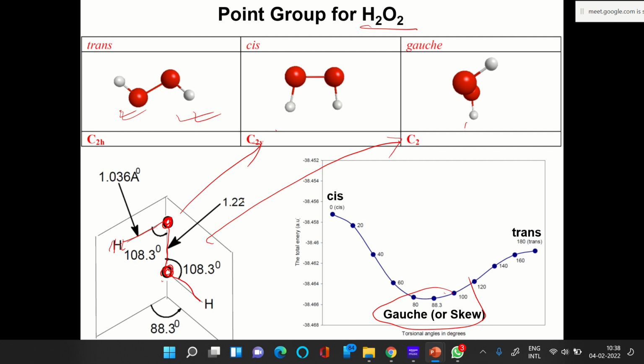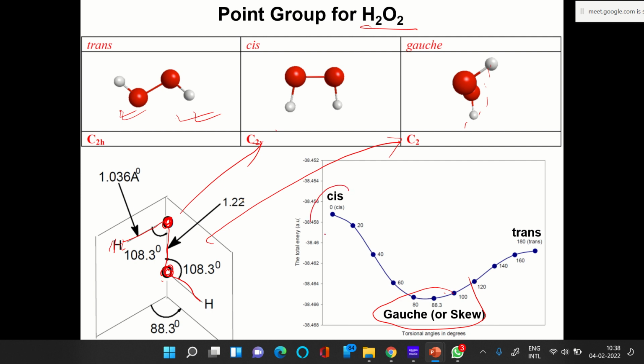The explanation is that there is a possibility of hyperconjugation between the O and H atoms when they are slightly closer in this manner, and that gives additional stability. Whereas in the cis condition, there is huge repulsion again between the bond pairs, and that will destabilize the system.